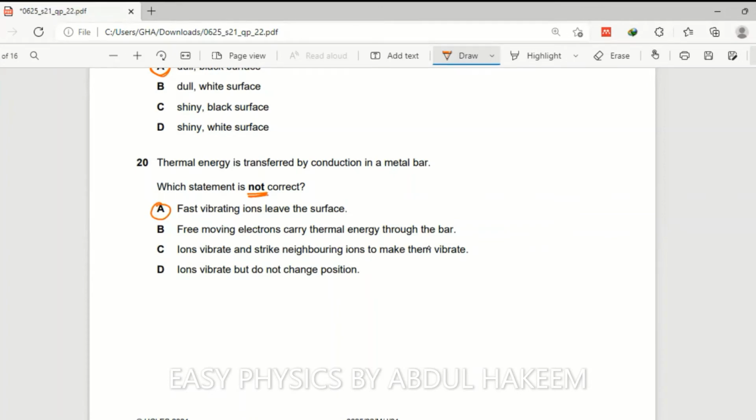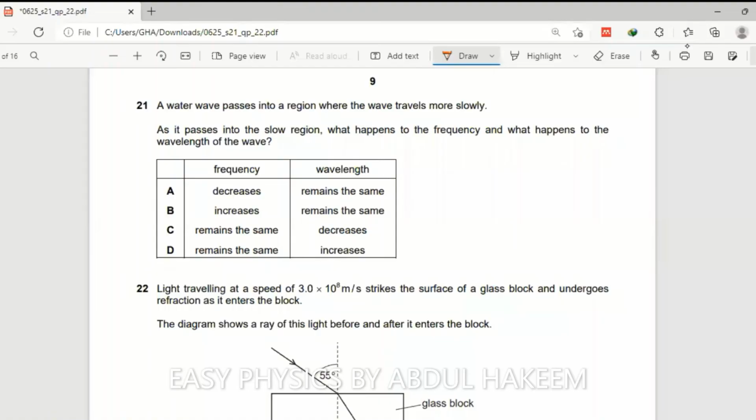Ions vibrate and strike neighbours, yes, this is conduction. They vibrate about their fixed position. Ions vibrate but do not change position, definitely. There's no complete displacement. So all 3 are correct. So we have to choose a wrong option. So A is the answer here.